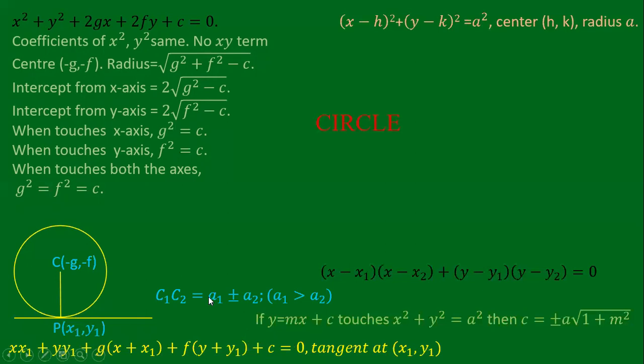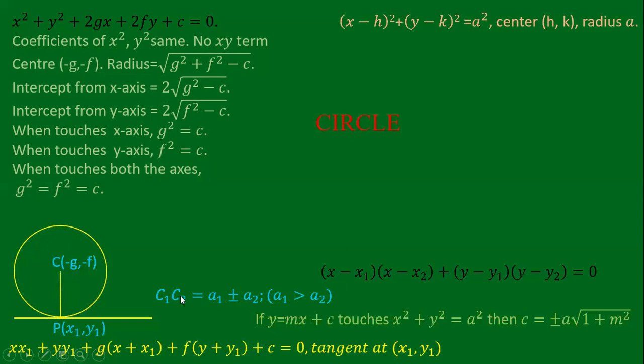When two circles touch each other, then the distance between the centers is equal to sum of the radii or difference of the radii.